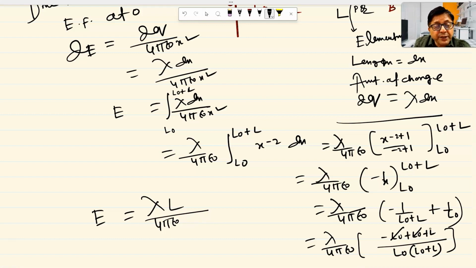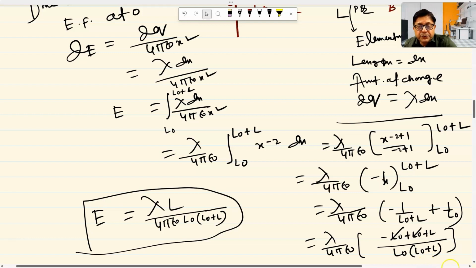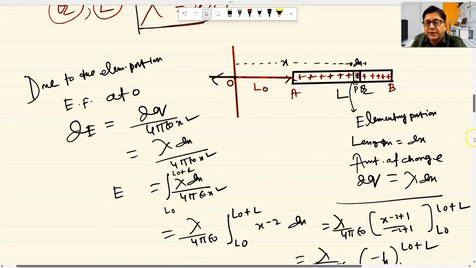So this will be L0, L0 plus L. Clear? This is the value of electric field due to this charged wire at some point L0 on the left side of the left part of the wire. I hope you have understood.